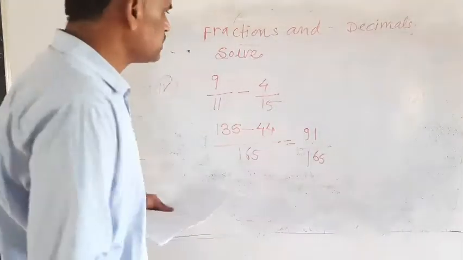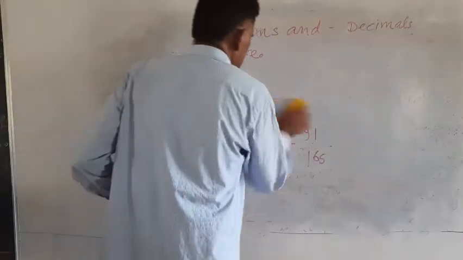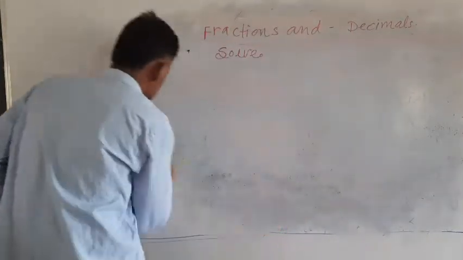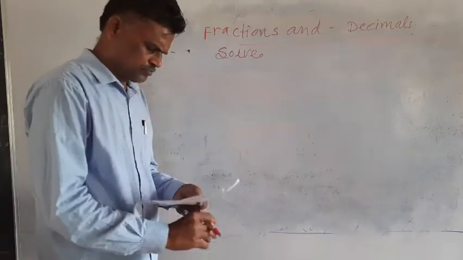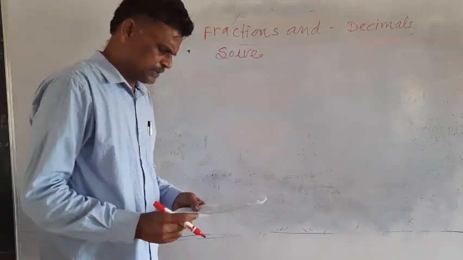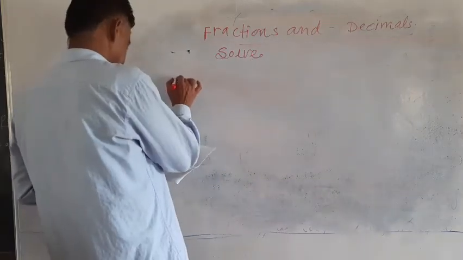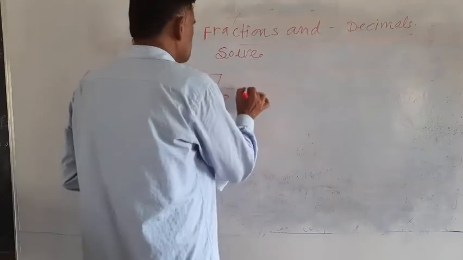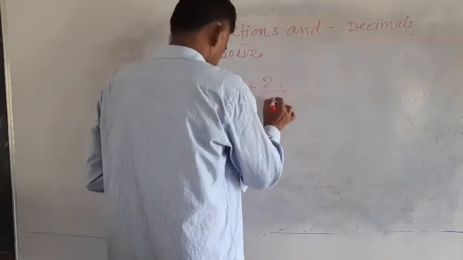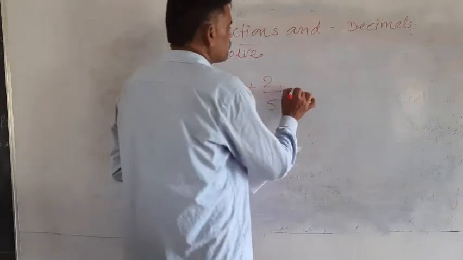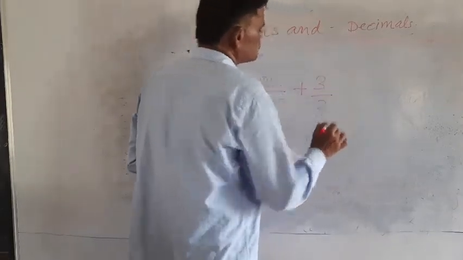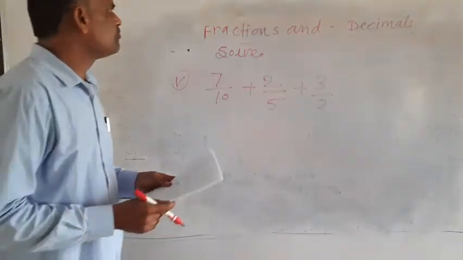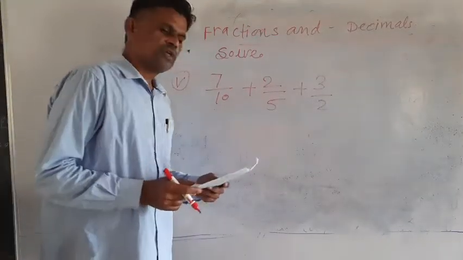And we'll take the next example, that is 7 by 10 plus 2 by 5 plus 3 by 2. Here, dear students, you see 3 fractions are there.